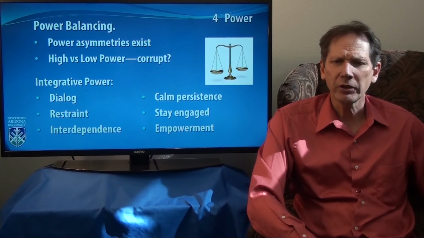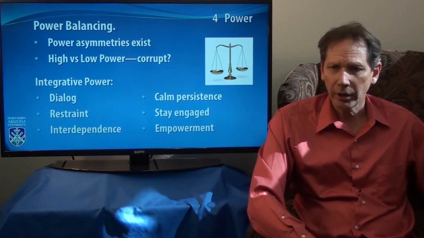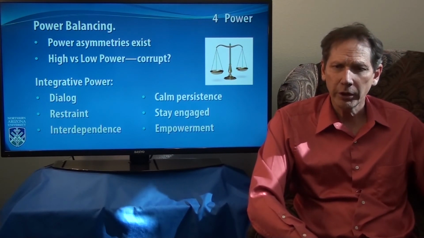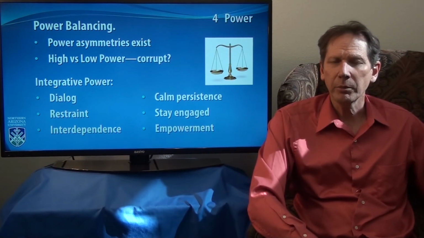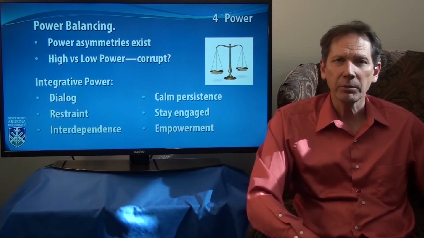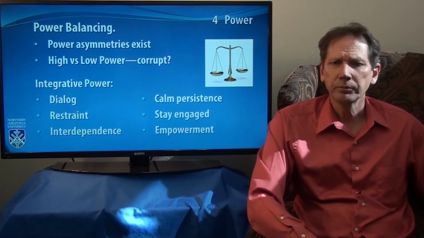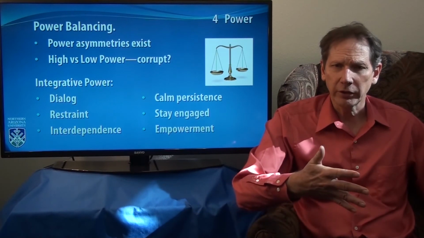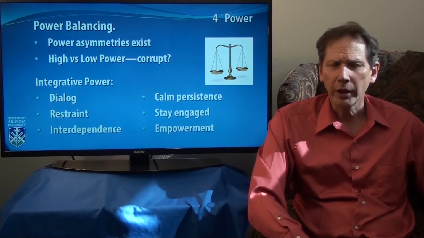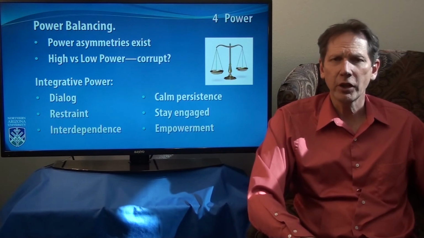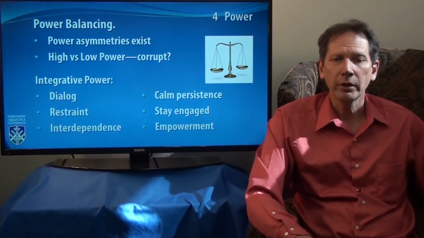To just be persistent, take your time, and stay calm, even if other people are getting upset, insisting on your position, insisting on being heard, insisting that you have to work together to solve this, and standing by your guns there, but not getting upset about it, and letting time work its magic as people calm down later and think about things and realize that you're making sense. Staying engaged in a conflict helps you balance power as well. Just getting upset and leaving and not engaging the conflict, you're losing your power currency there.